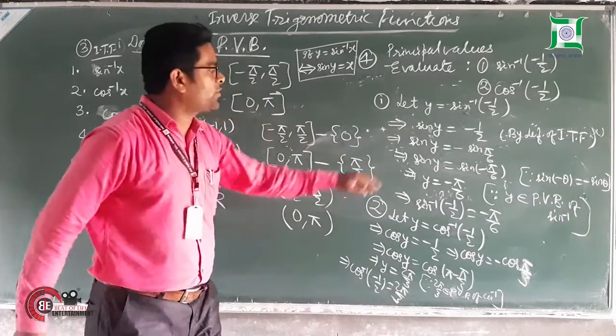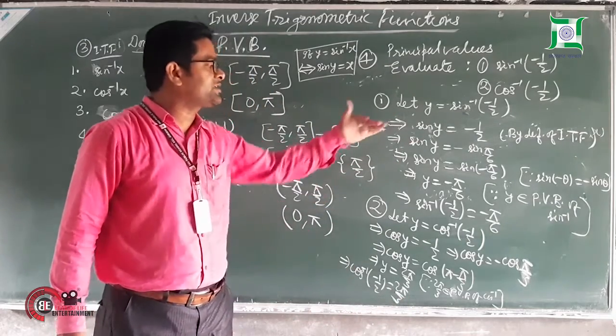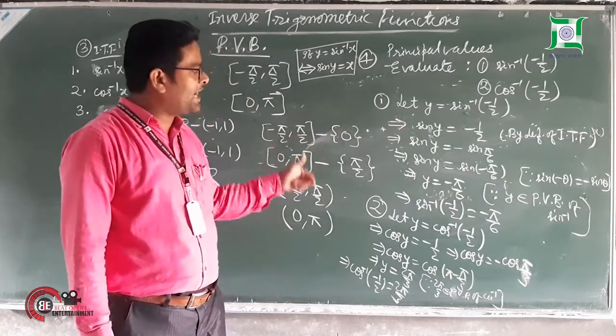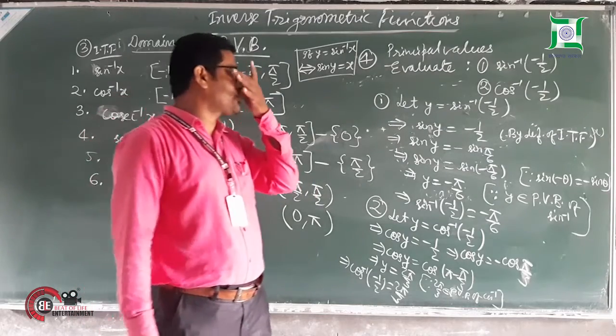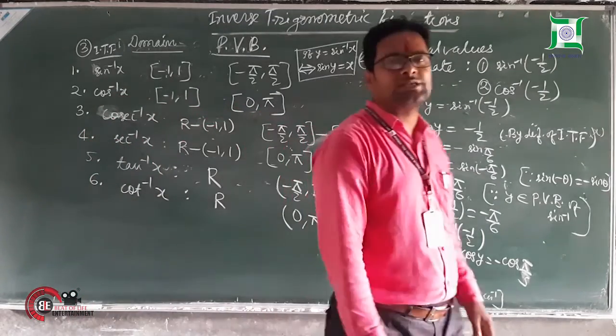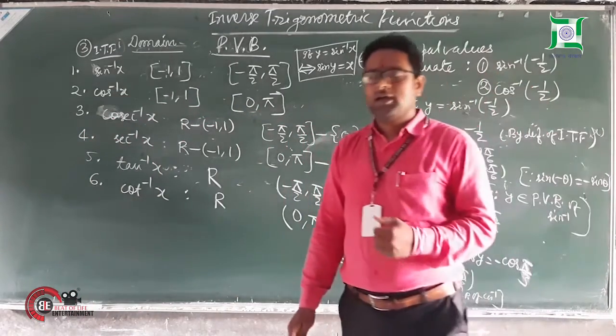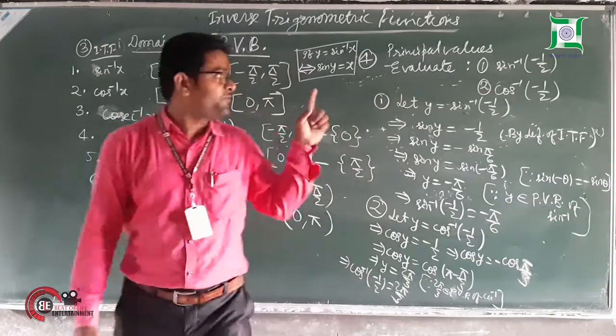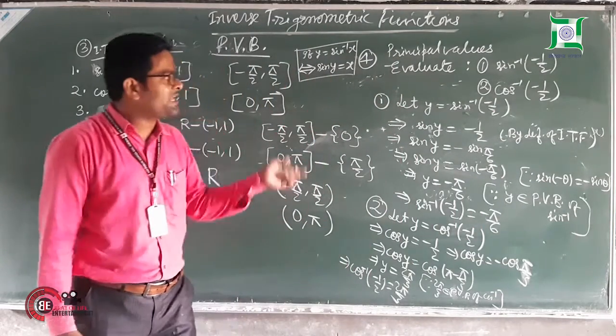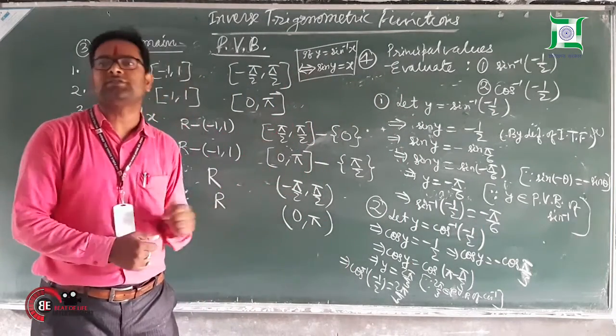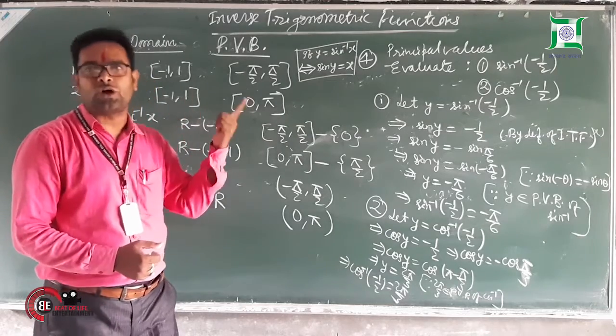Now see, for both the questions we have different methods. In my next topic I will explain properties of inverse trigonometric functions, and in that I will again discuss these two questions and you will see the changes. Within 2 steps we can solve.